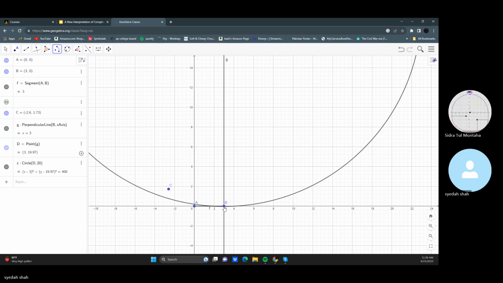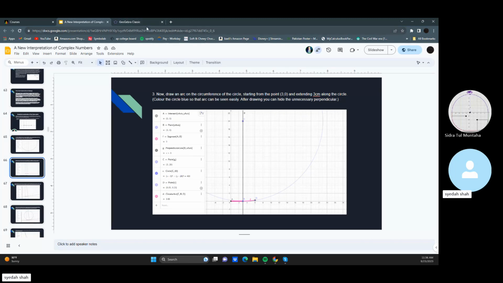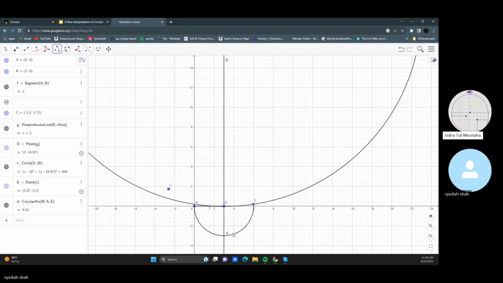First you have to click on the radius of this arc, whatever you want to take as the radius.